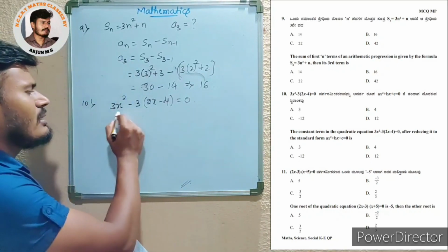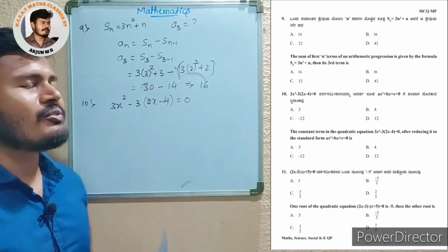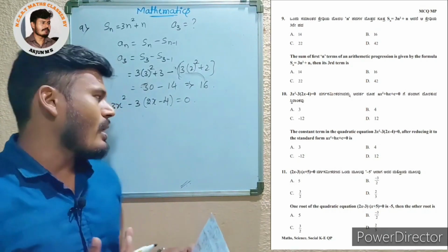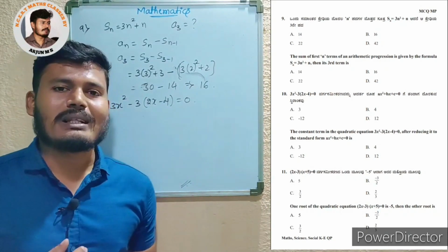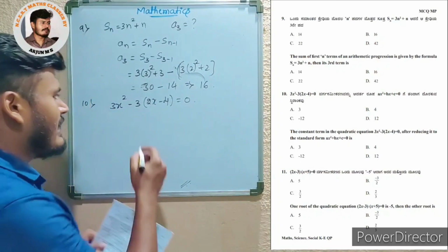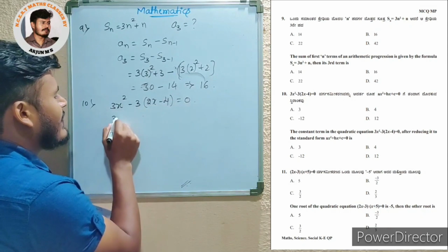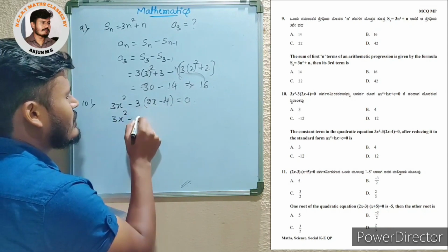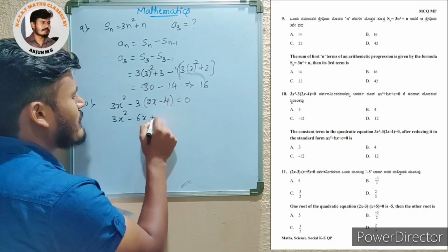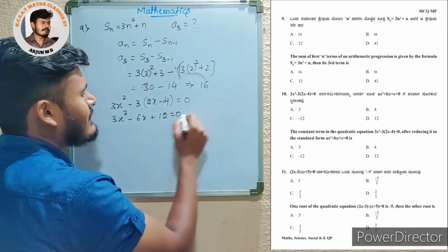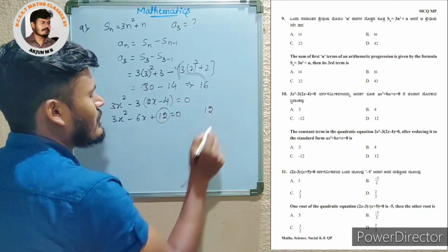We have to convert the given equation into the standard form of the quadratic equation. So you just multiply 3 to 2x minus 4, this binomial. We get 3x square minus 3 2s are 6x, minus into minus plus, 3 4s are 12 is equal to 0. So here the constant value is 12.